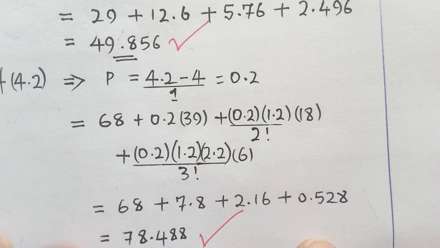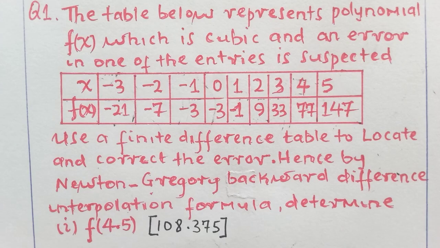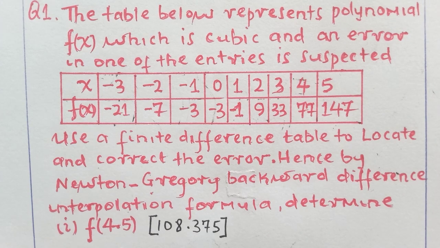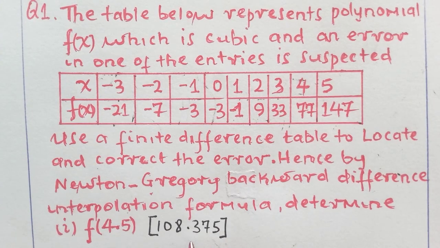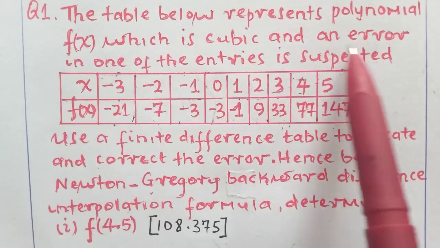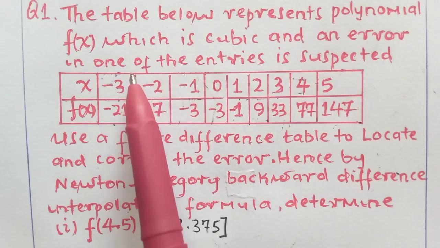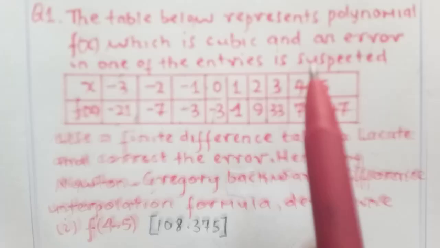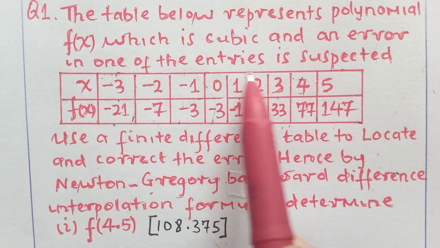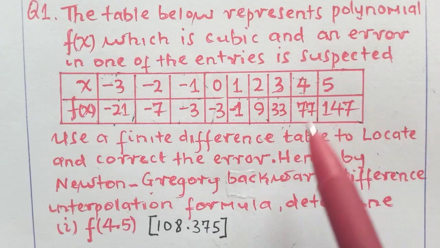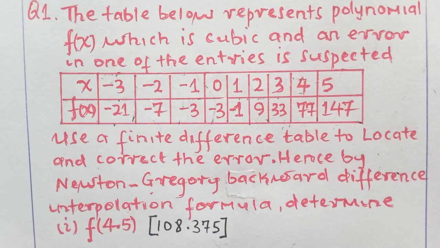And so guys, from there, we now come to this question again. This question, we have done it some time ago, where we were supposed to correct an error. For me, right now, I have already corrected the error, so we are not going to correct the error anymore, because I have done that.